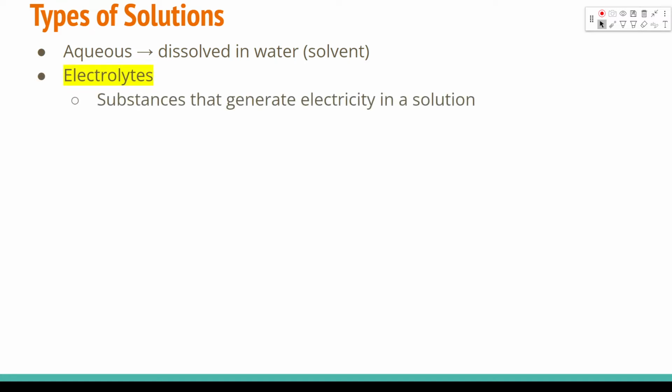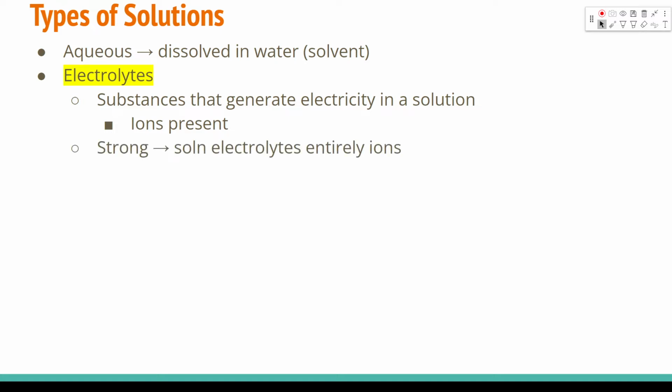Electrolytes, as it says here, generate electricity in a solution. I'm actually going to talk about electrolytes with food in a second for those curious. We have some kind of ions because the ions are the ones that generate electricity for the electrons to move around.